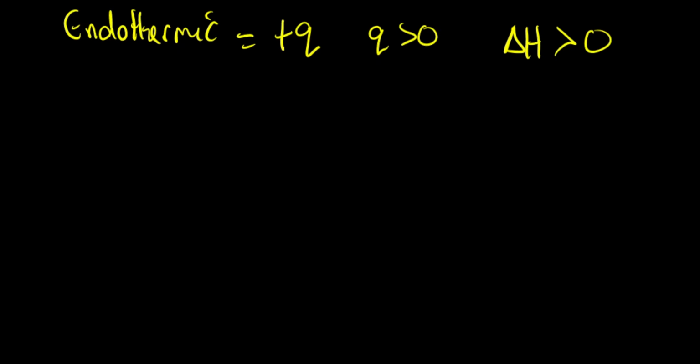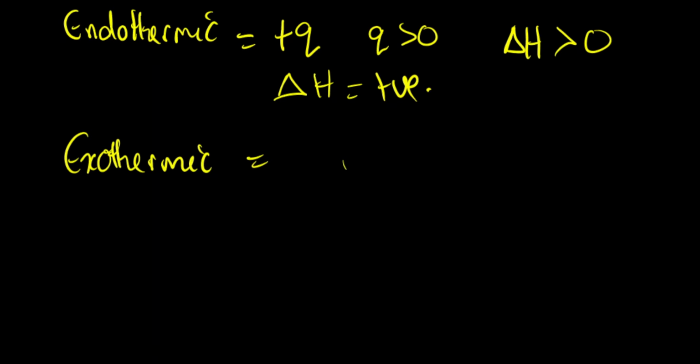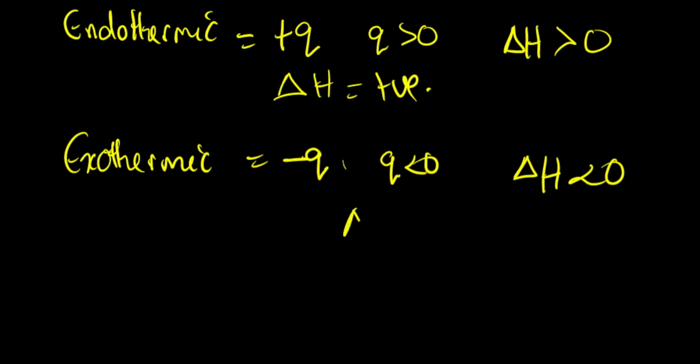So when we have a positive enthalpy change, such a reaction is endothermic. However, for an exothermic reaction, we have heat loss. So this would be negative Q, in other words, Q is less than 0. This implies that the change in enthalpy would also be less than 0. So when we have the change in enthalpy to be negative, then we have an exothermic reaction.